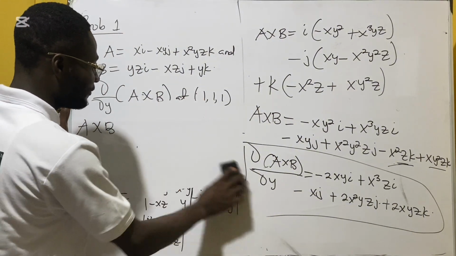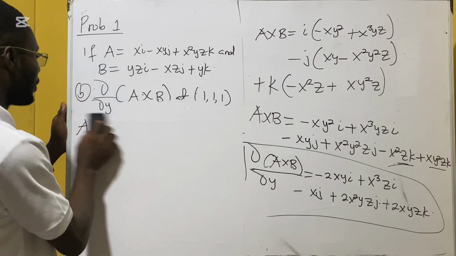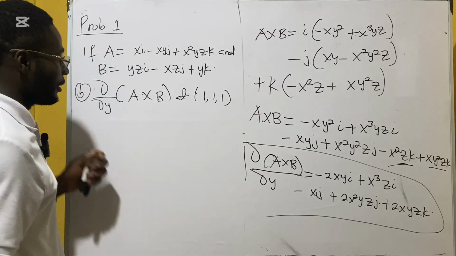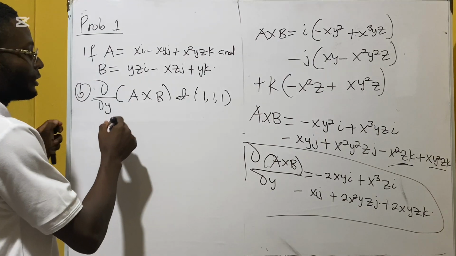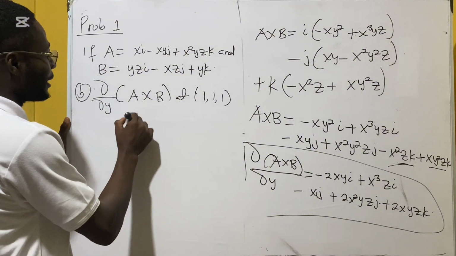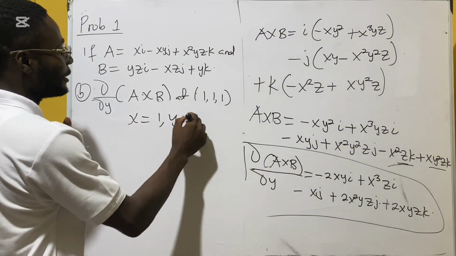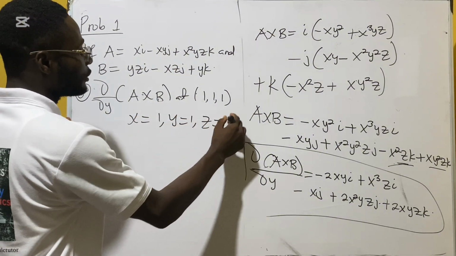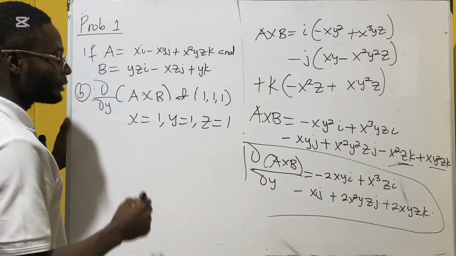So now let's find that at the point 1 1 1. At the point 1 1 1 means that our x is equal to 1, our y is equal to 1, and our z is also equal to 1.